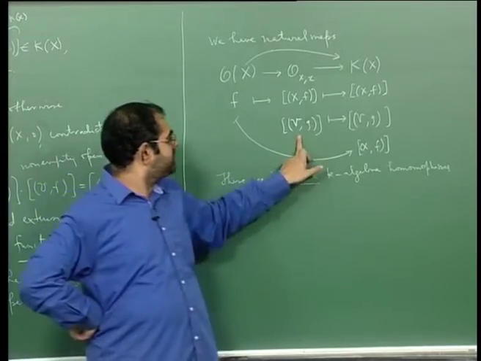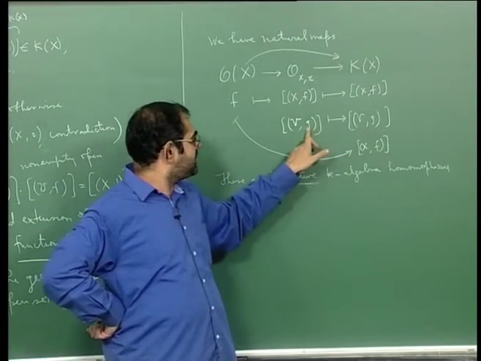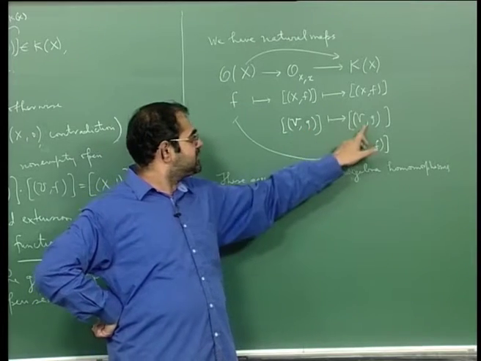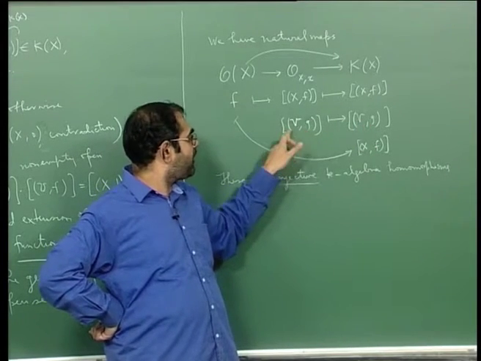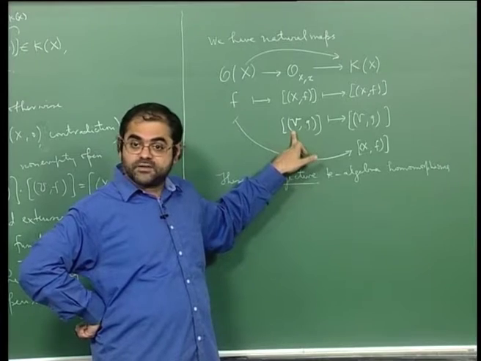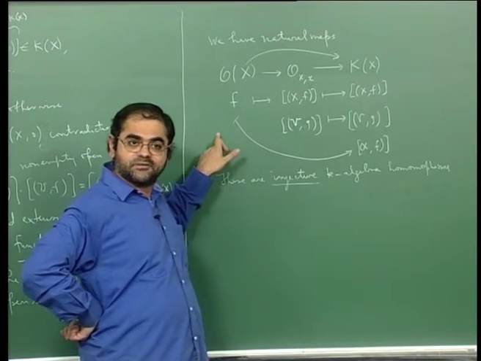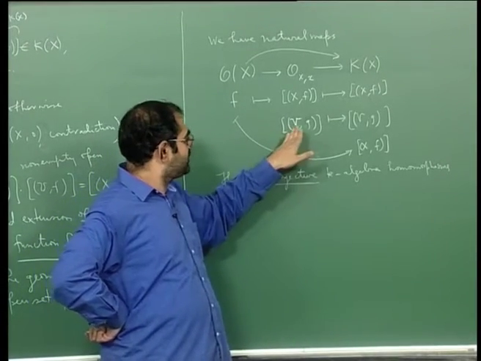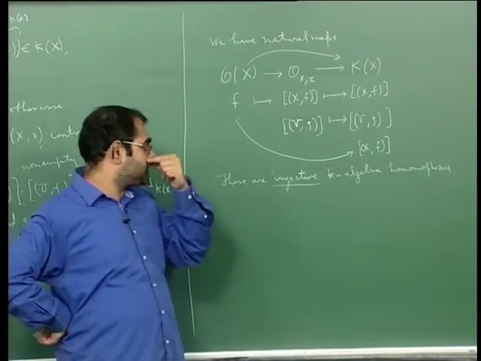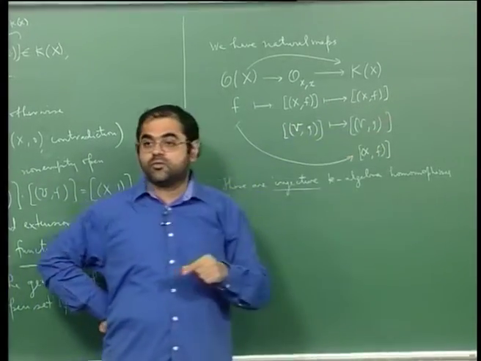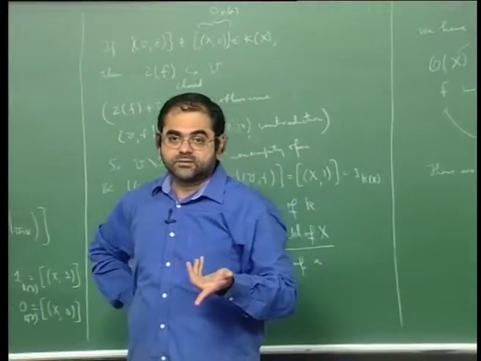In fact, it will tell you that g is the 0 function on V, and the 0 function on V extends to the 0 function on X, and therefore this will itself be 0.